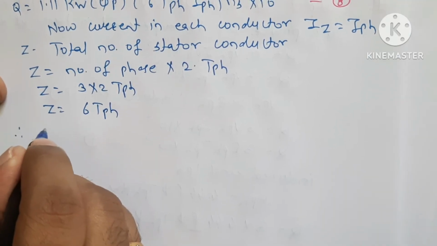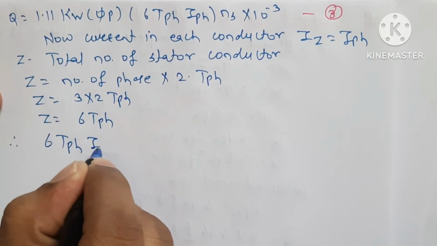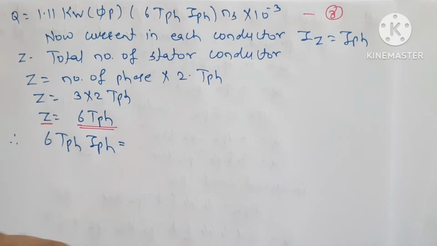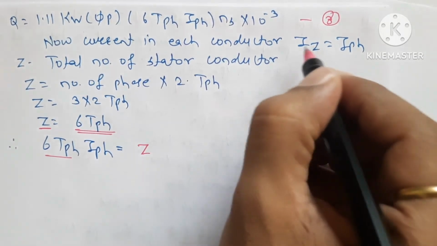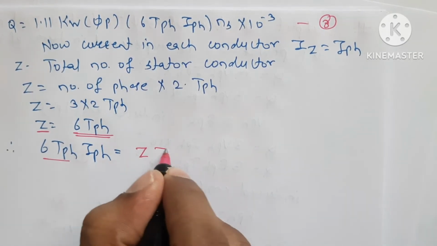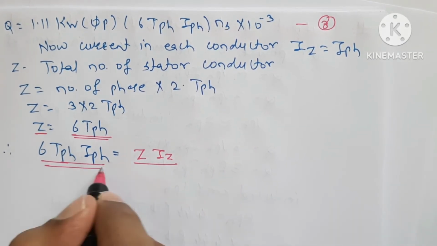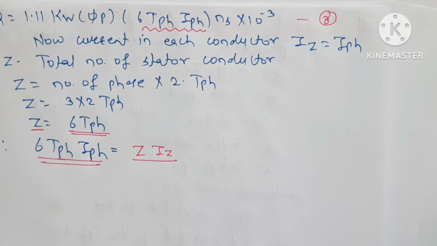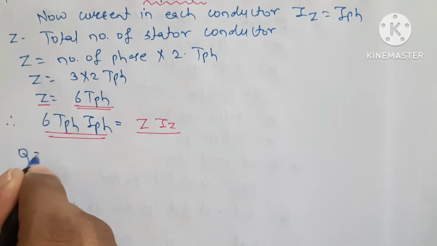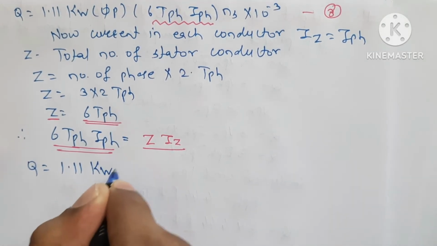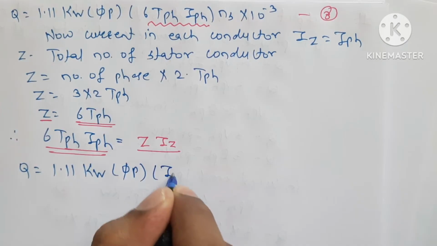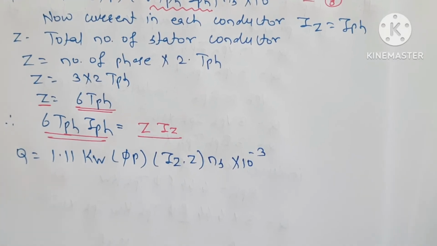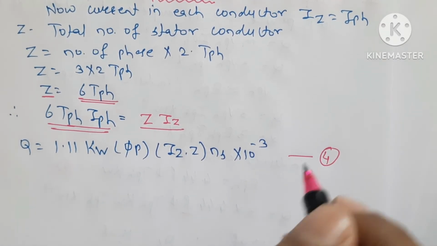Instead of 6 TPH, we can write Z, and IZ is equal to IPH. Therefore, instead of 6 TPH IPH, we can write IZ into Z in equation 3. Therefore Q is equal to 1.11 kW phi P into IZ into Z into ns into 10 to the power minus 3. This is equation number 4.